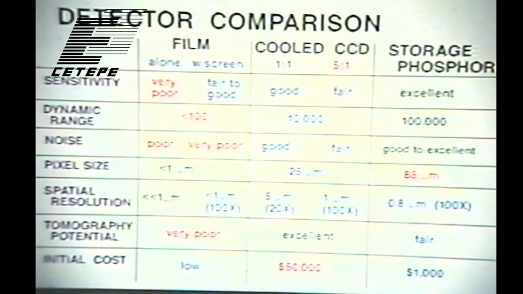Okay, so in a consumer device, you have hundreds of electrons of noise. In a cooled, slow-scan scientific CCD now, the noise levels have come down from about 50 electrons per readout a few years ago to 4. So now you can buy a camera for about that much money that has a noise of 4 electrons per pixel per readout.